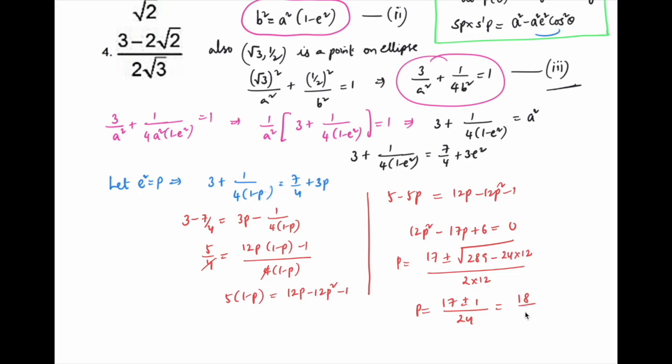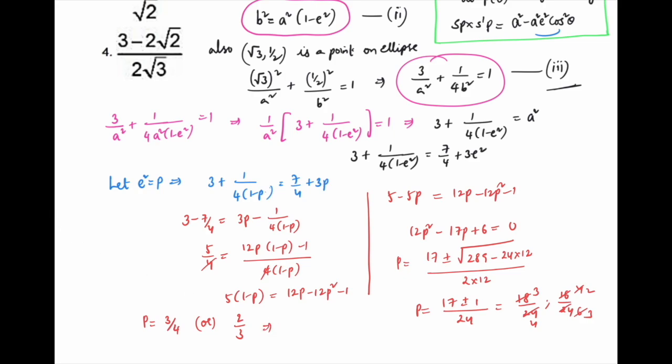So we can write 18 by 24, and the other value, 17 minus 1, that is 16 by 24. So P is equal to 3 by 4, or 2 by 3.